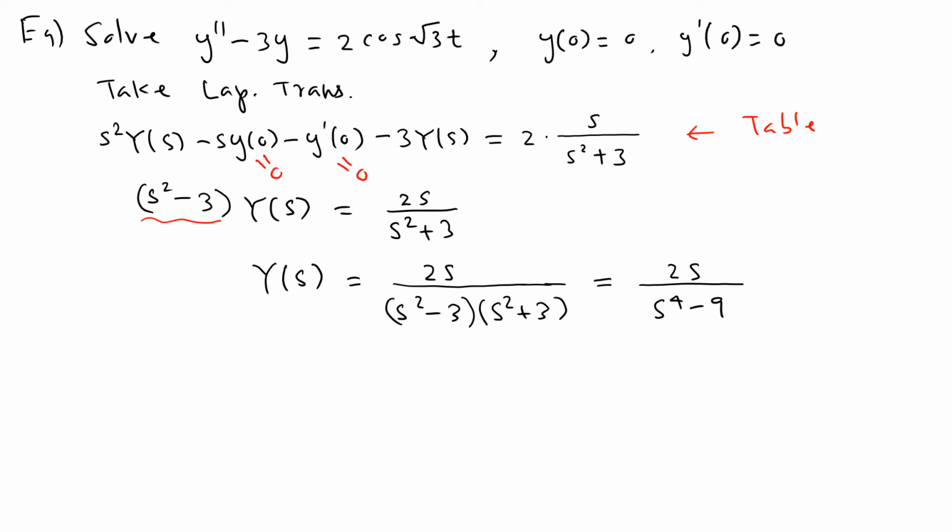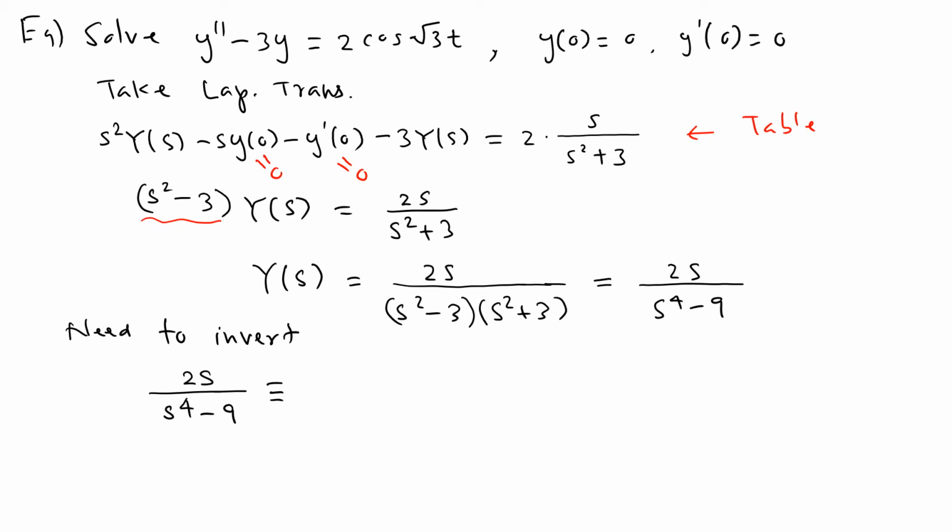So now we do this traditional method. The only thing left is that we need to invert, and for that we use the partial fraction decomposition. So we can write the decomposition: it is 2s over s to the 4th minus 9.